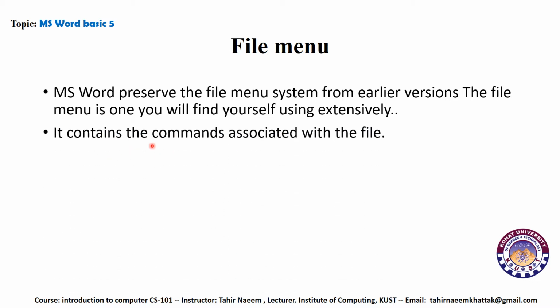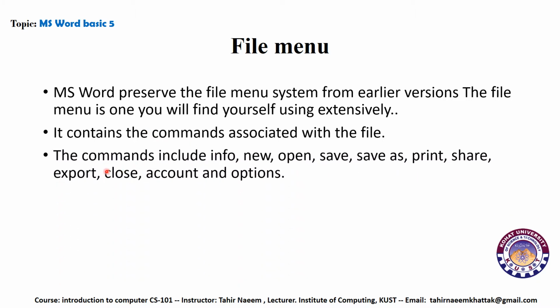It contains the commands associated with the file. So basically, a file menu contains all the functions related to the file. The commands include info, new, open, save, save as, print, share, export, close, account, and options.